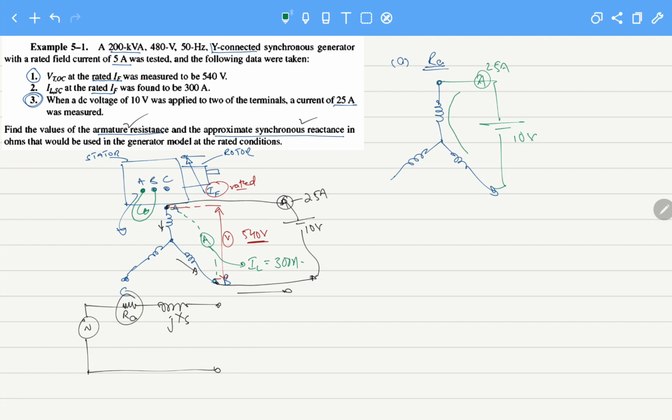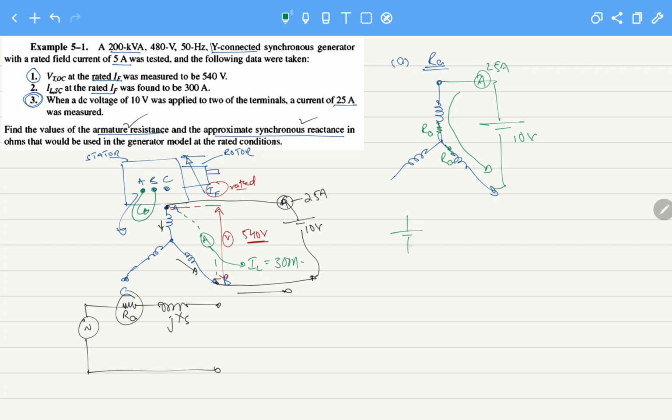Now this current is flowing through this path. As it is DC, the inductance has no effect, so this is due to the resistance only. This is the circuit. Now if this is the circuit, we can see that RA comes 2 times in the path of the current.